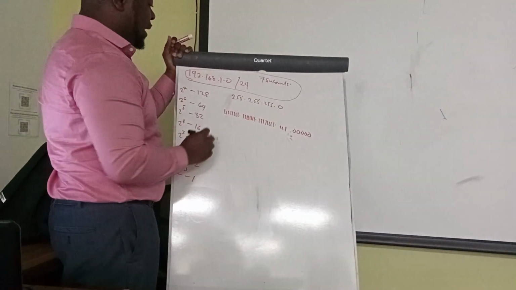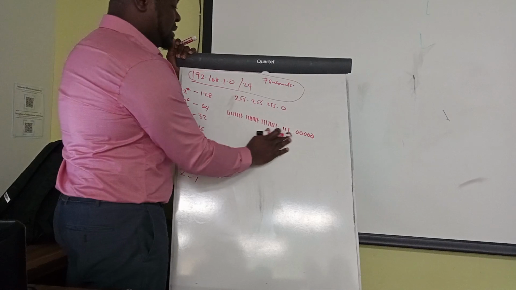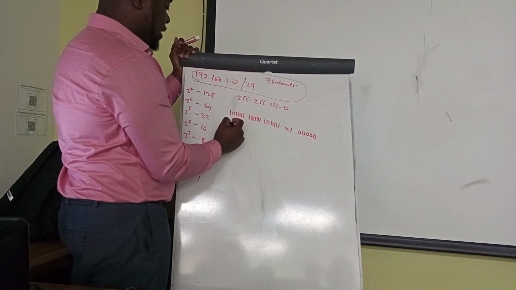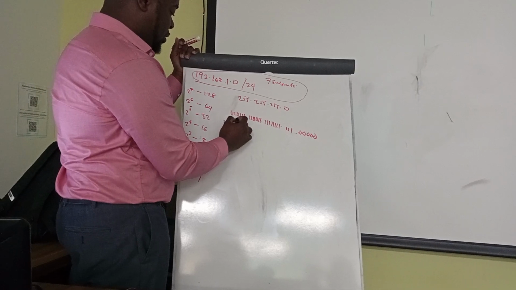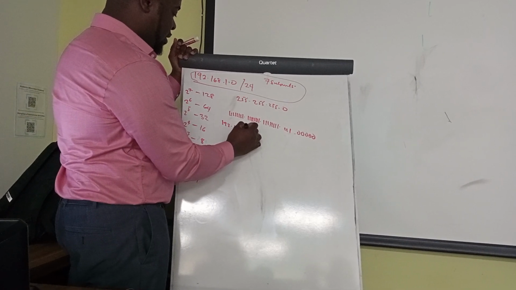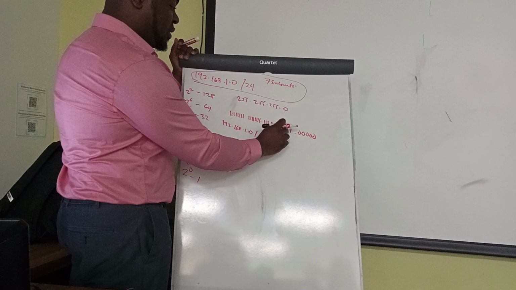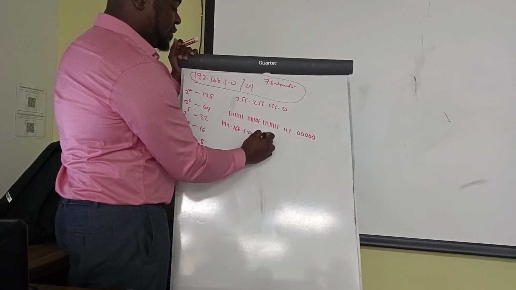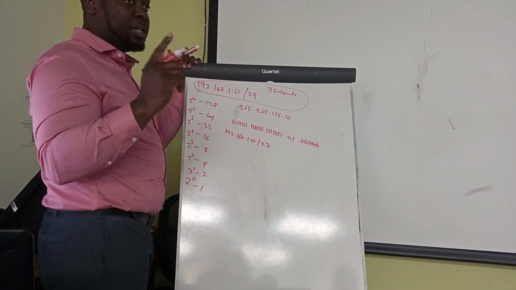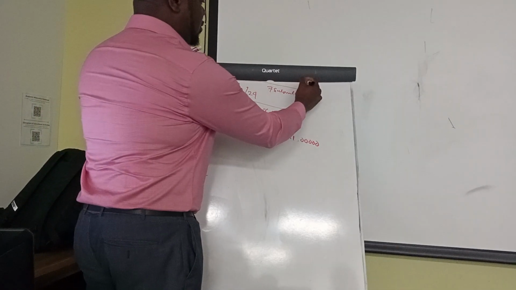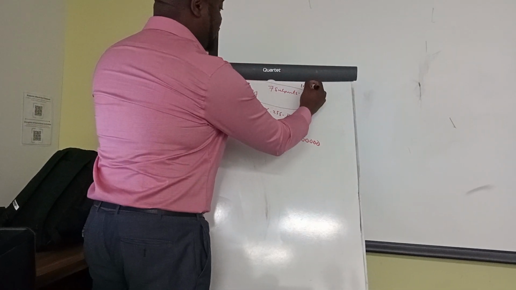Okay? Now, let's rewrite this. Our new address will be 192.168.1.0/27. That is our new address in CIDR notation.